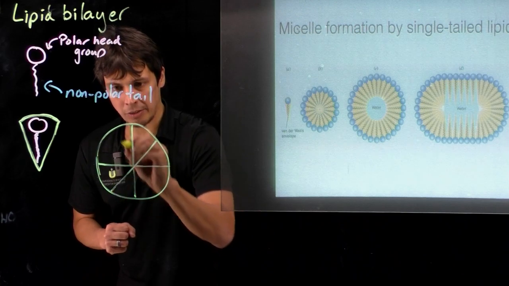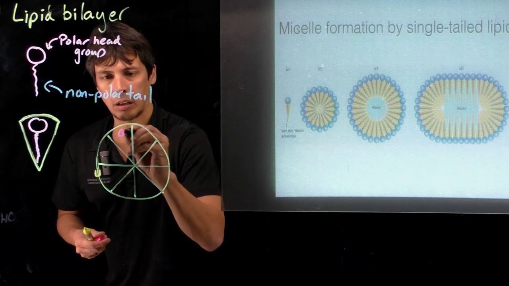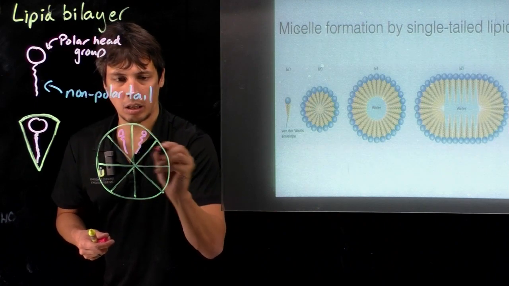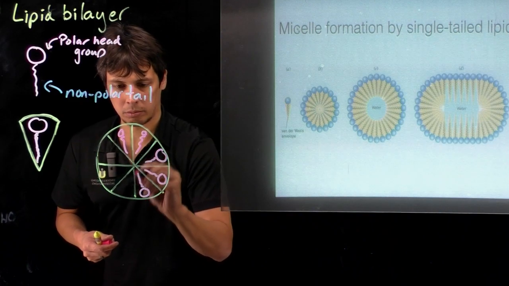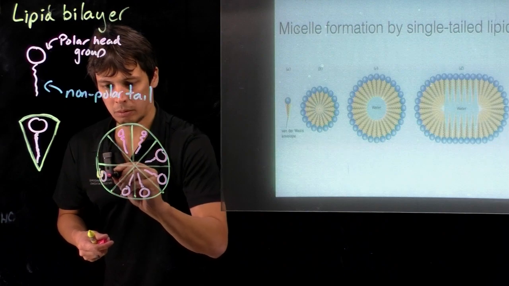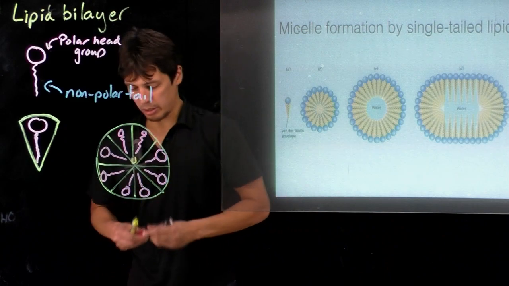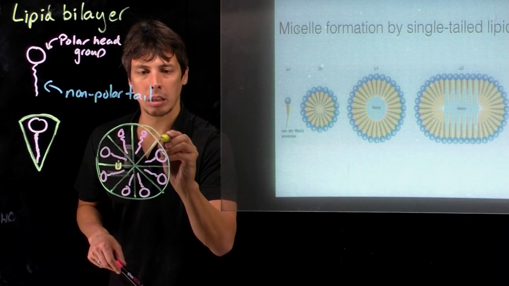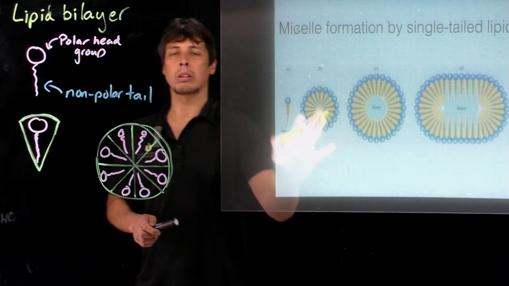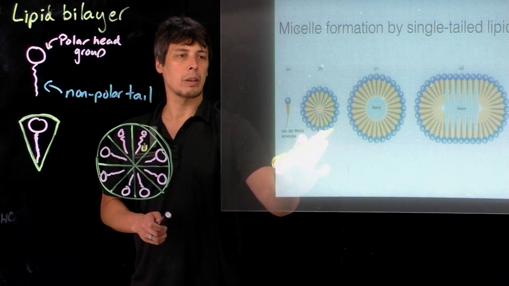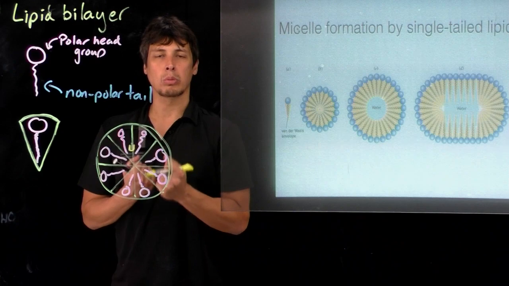Where each slice is a phospholipid, and the cone around the phospholipid. Okay? And so what you see then is how you can get the structure of this micelle, which is shown on this slide on the right-hand side. So the close packing of the hydrophobic tails excludes water.